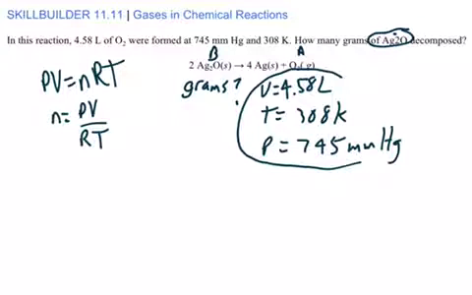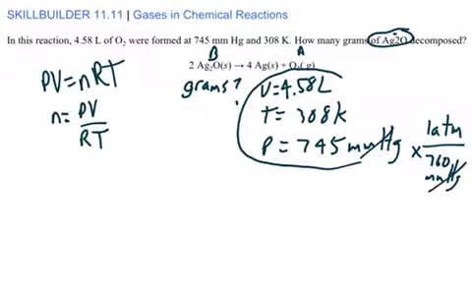Now we have to convert. The Kelvin is fine, but we have to multiply by 1 ATM over 760 millimeters of mercury. We're going to do the math here and convert it into ATMs. When you do that, I get 0.9803 ATMs.